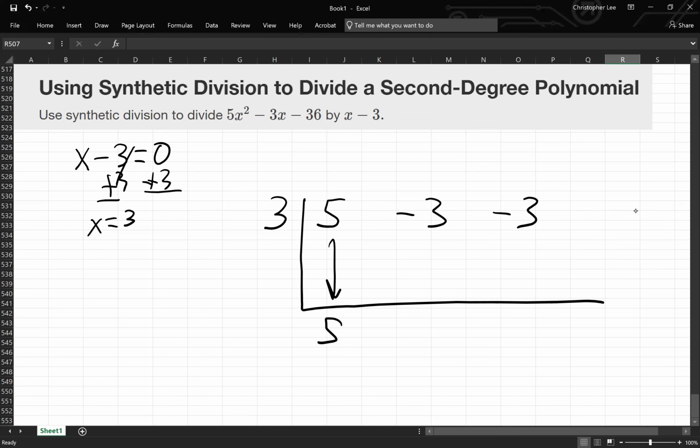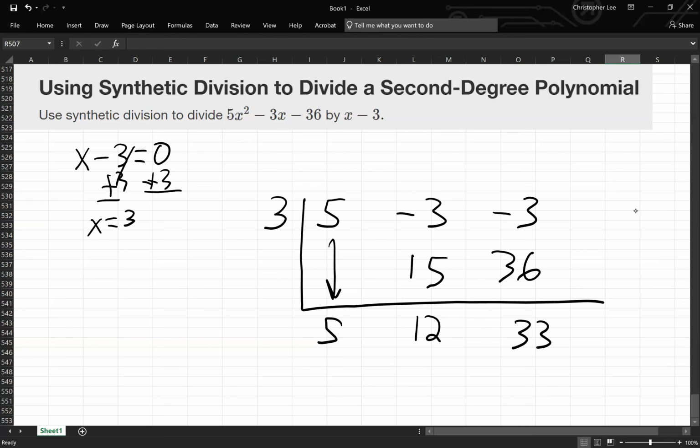Now, 3 times 5 is 15, right? Then we want to add these together. 12. 3 times 12 is 36, right? Then negative 3 plus 36 is 33?